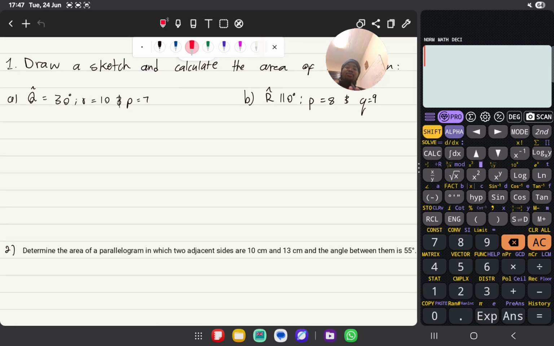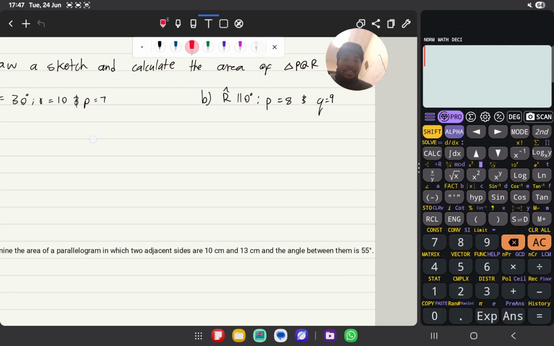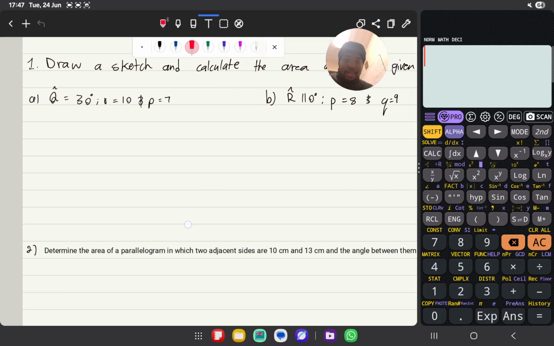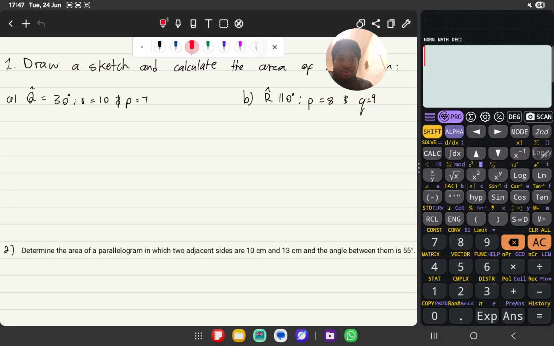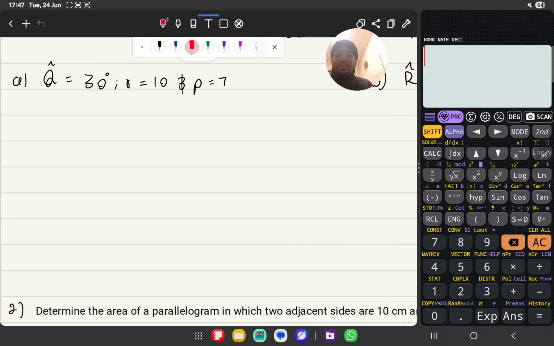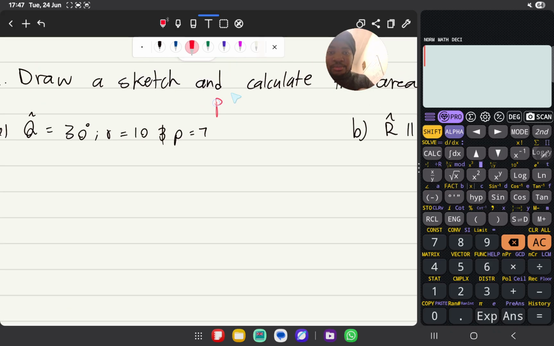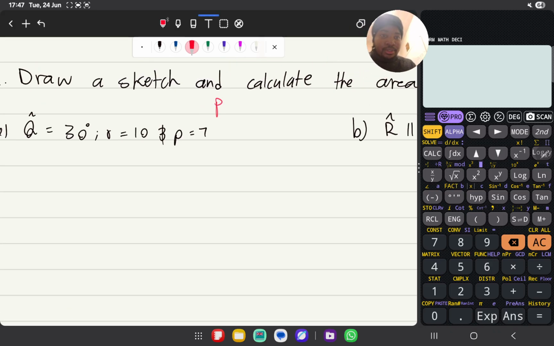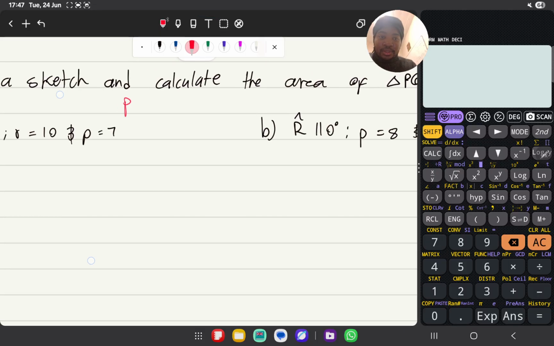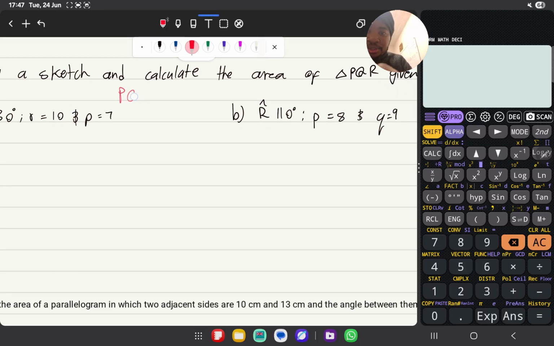So we're going to draw a sketch and then calculate the area of triangle PQR. Both of these, A and B, have triangles named PQR, though not the same triangle.